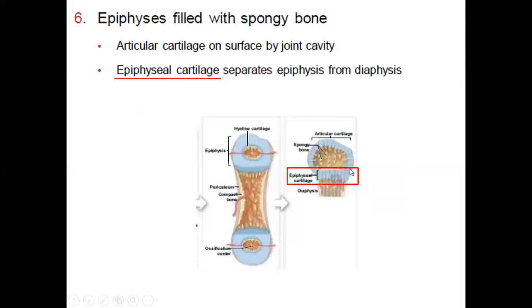There's more cartilage that stays here and continues up. So as you build bone on this side, the cartilage pushes up this way, and the bones get taller and taller and taller. And you continue to make new cartilage here, hyaline cartilage, replace some of that hyaline cartilage with bone, and make the bone taller and taller and taller. And that's how you get taller until you reach whatever height you're at now as an adult.